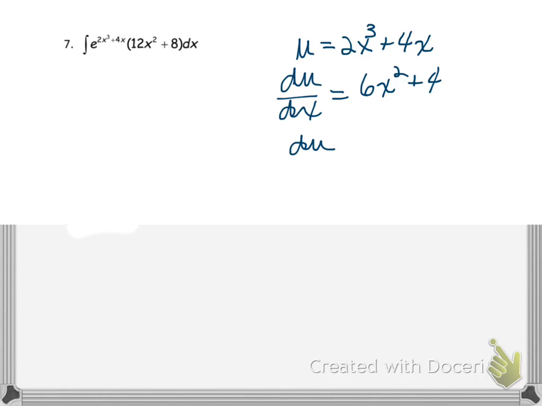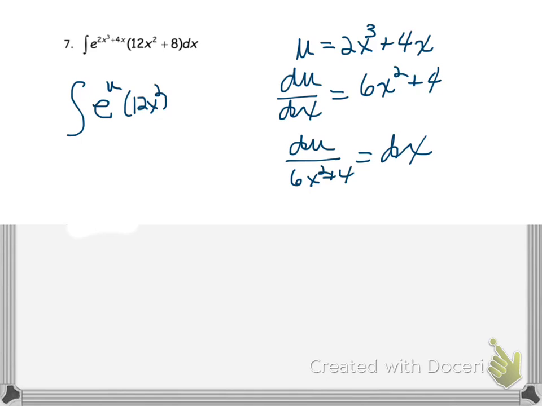My du divided by 6x squared plus 4 gives me my dx. Okay, rewrite your expression. So my e is now e to the u, and then I still have 12x squared plus 8.